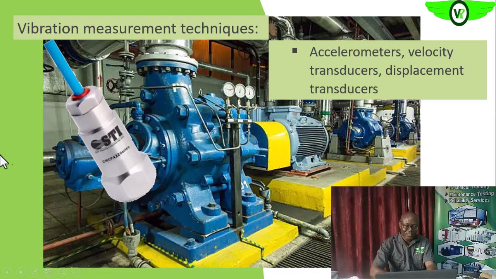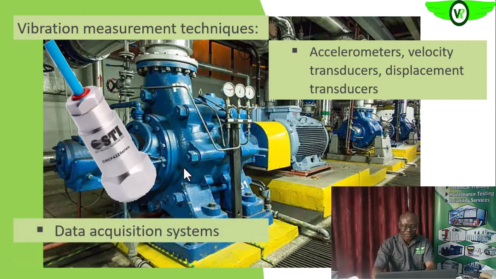So this is an example of an accelerometer. That is a vibration sensor, which could be a displacement transducer, an accelerometer, or so, depending on the information that you want. That will determine the kind of probe that you will order or use, so that you're able to get the information that you actually need.